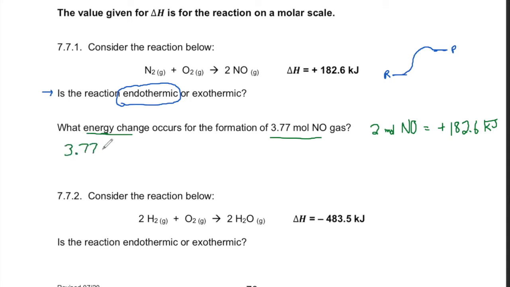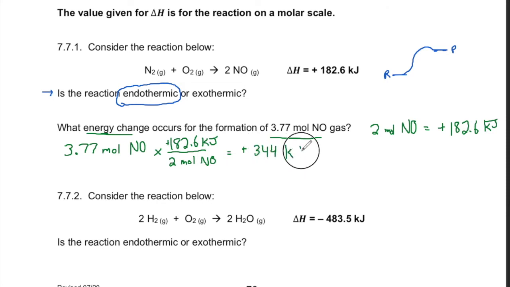So what about for 3.77 moles of nitric oxide? If every 2 moles requires positive 182.6 kilojoules, then that 3.77 moles produced would require a change of positive 344 kilojoules for that process.